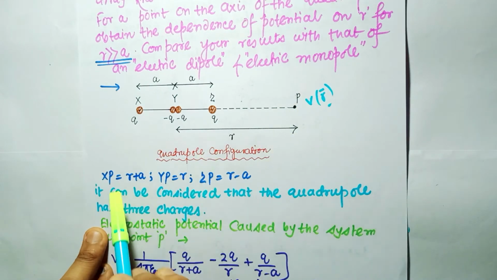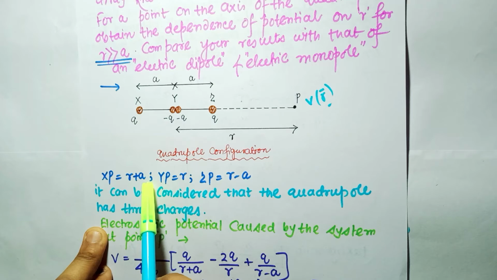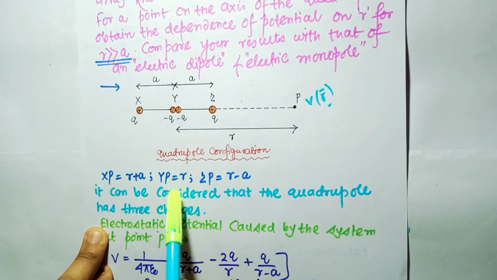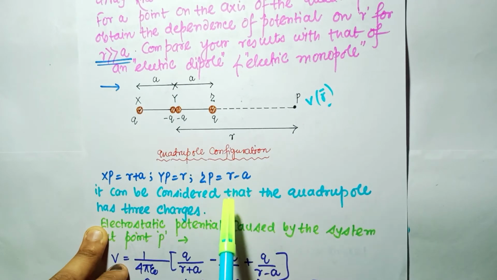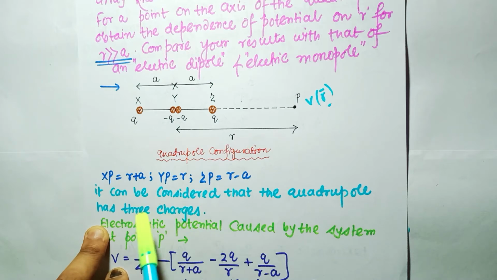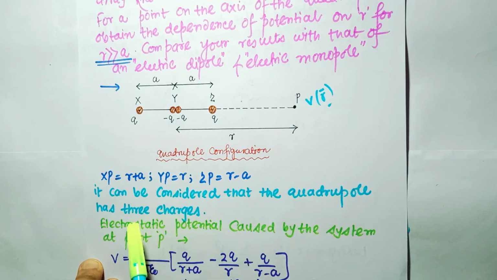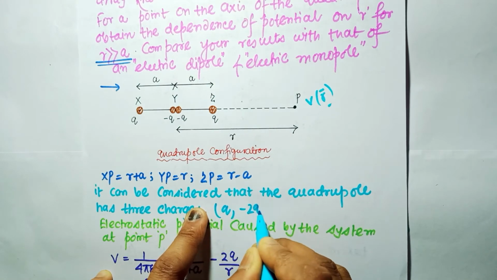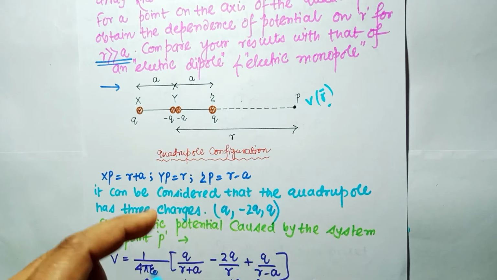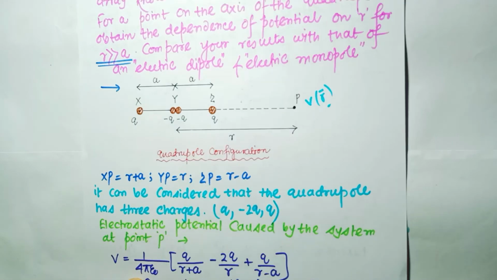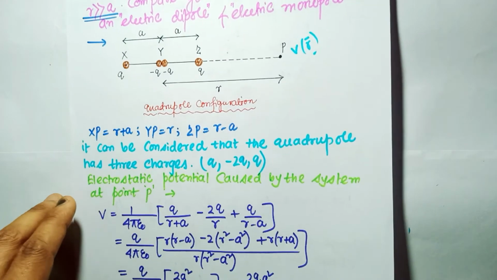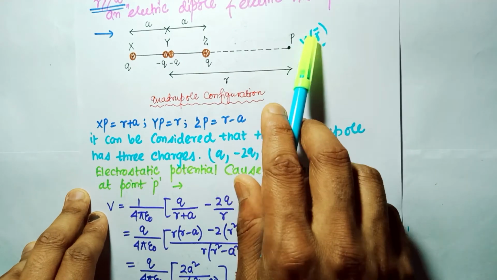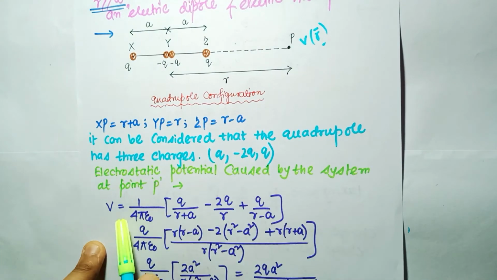From the figure you can see XP is equal to r plus a, YP is equal to r, and ZP has the distance r minus a. Now it can be considered that the quadrupole has three charges: Q, minus 2Q, and again Q. The electric potential for these three charges at the point P: V is equal to 1 by 4 pi epsilon naught, all are point charges.